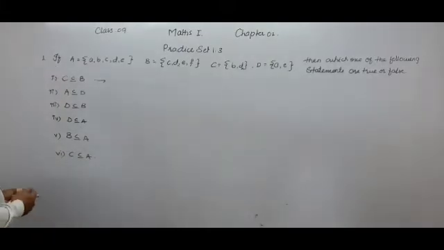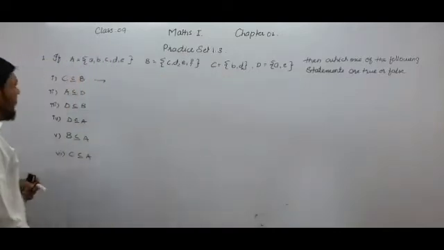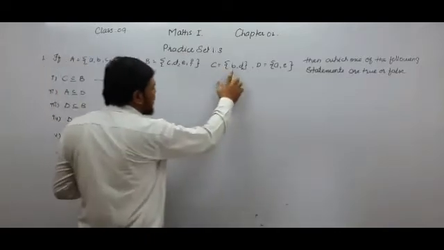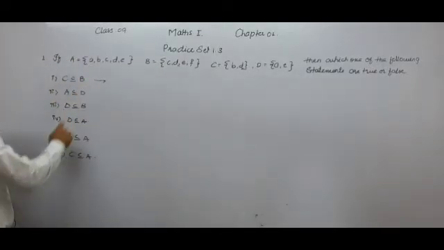Students, the first statement is C is the subset of B. If you notice the elements of set C and set B, we can see whether this statement is true or false.